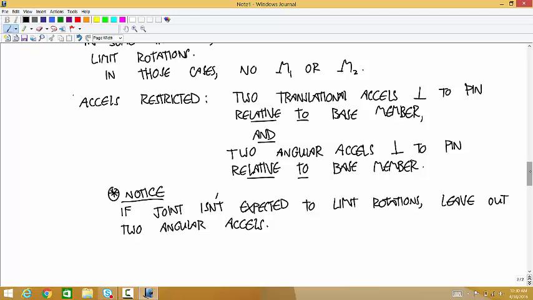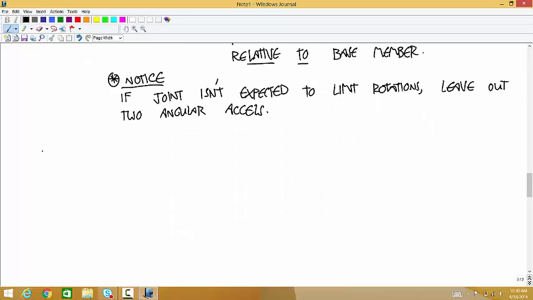And then there's one more category. This is 5 variables of loads, and it restricts 5 components of acceleration.